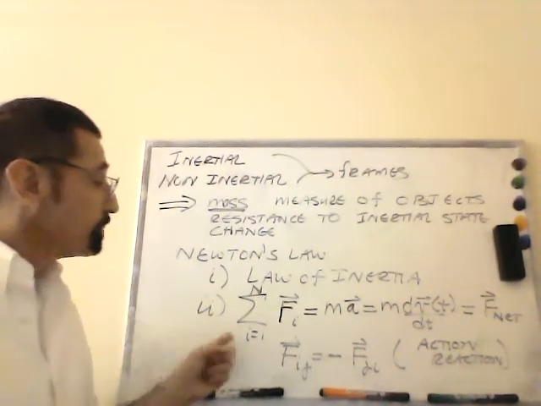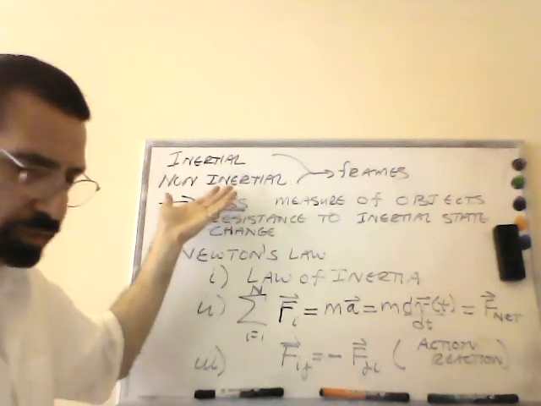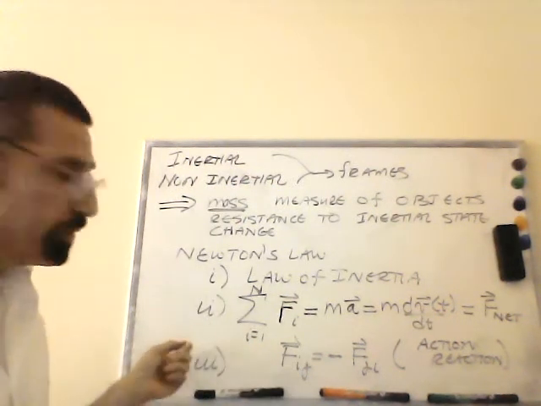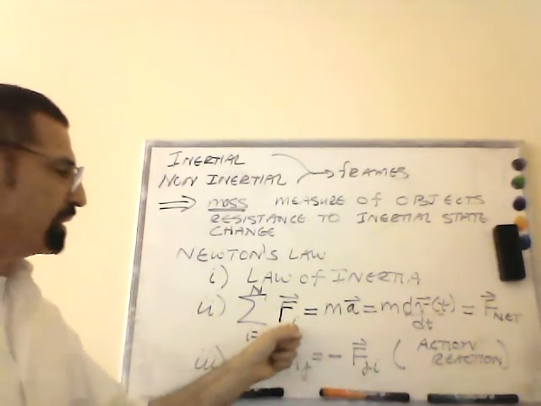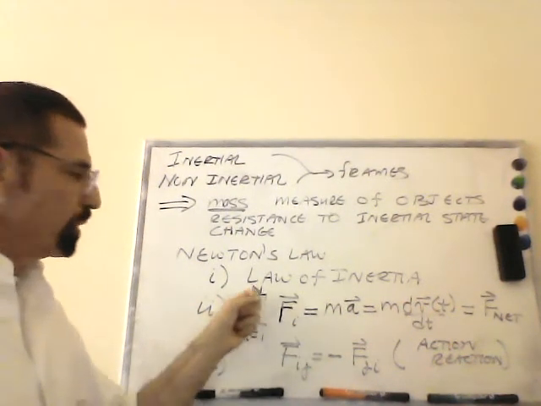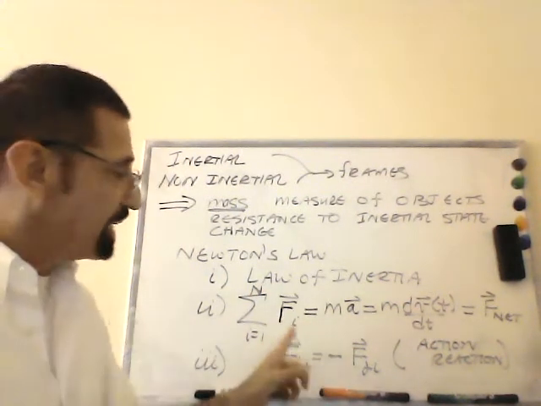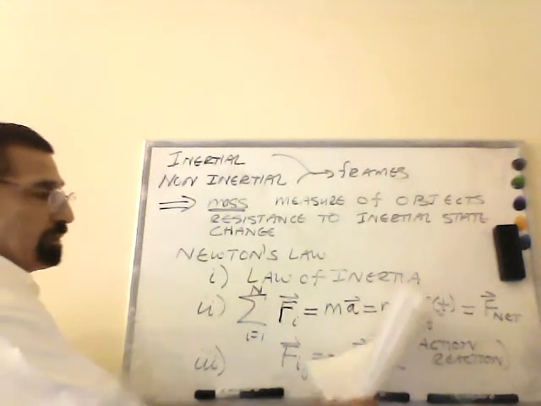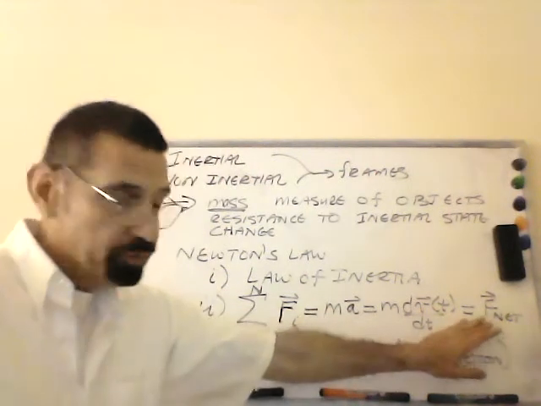Now, in order to transform it from an inertial to a non-inertial state, you go to Newton's second law. The summation of forces here, indicated by the running index i, starting from 1 to n, where n is the number of forces on the particle, or the test mass, is equal to mass times acceleration, the first time derivative of velocity, of course, as we know from calculus, and this is equal to the net force.